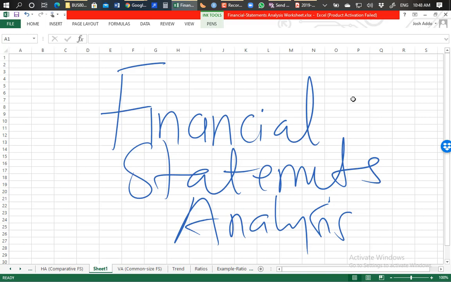So we are talking about financial statement analysis. And the reason why financial statement analysis is important can be many. One, I know that some of you, if not all of you, are currently investors, or you may be potential investors. You may be interested in one day investing in some venture.